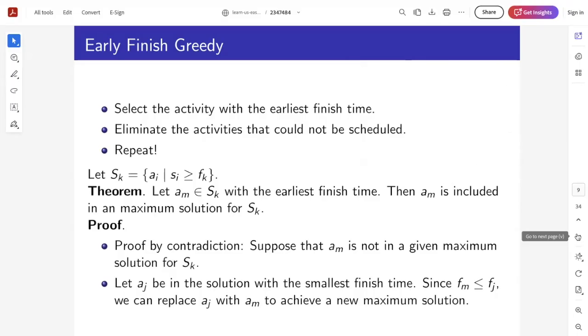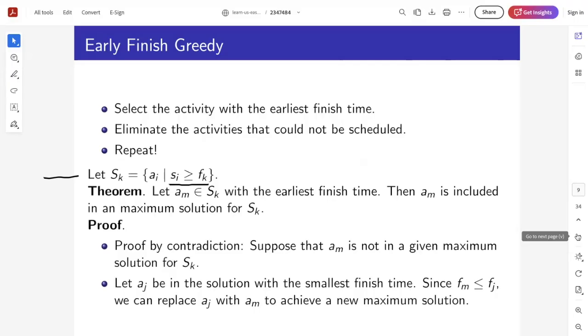Okay, so to formulate this idea, we're going to let SK be all the activities AI such that the start time of that activity is at least the finish time of K. Then we're going to show that selecting the activity in the way I just described actually provides an optimal solution.